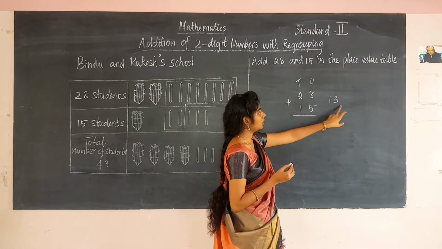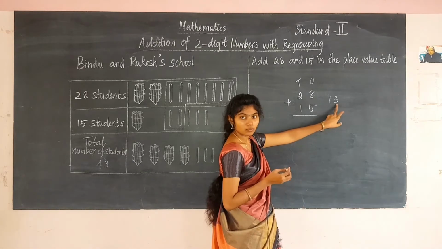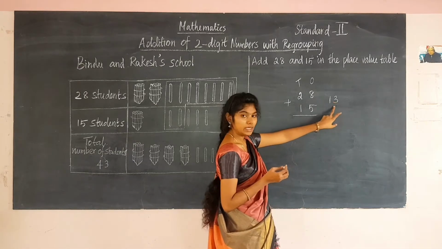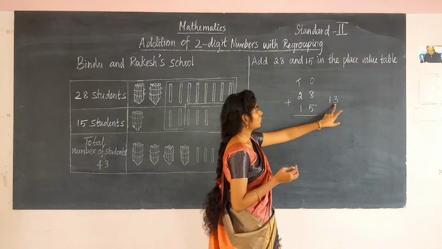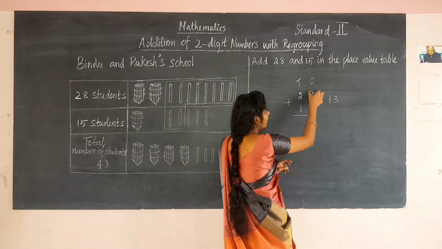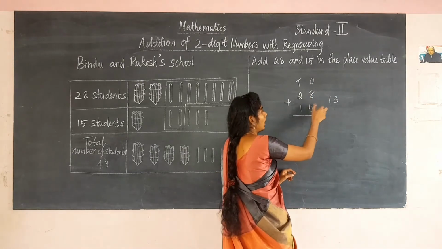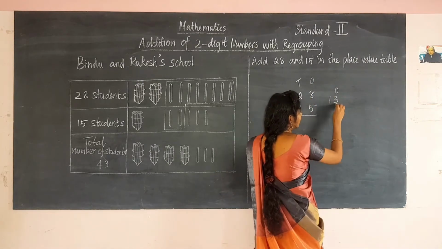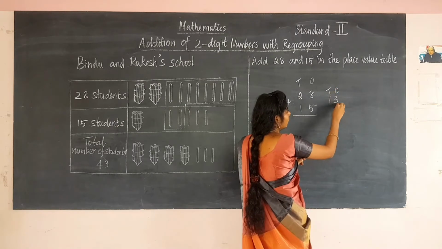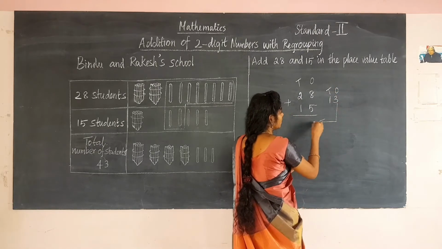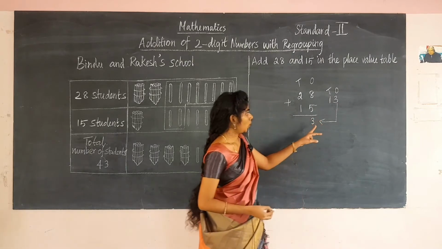So write 13 outside. Now we have to give the place values. Write the places. The 3 you have found is in the ones place, right? So write ones in the place of 3, and next to the ones place it is tens. So write 3 in the ones place.